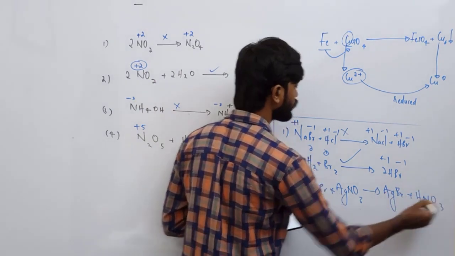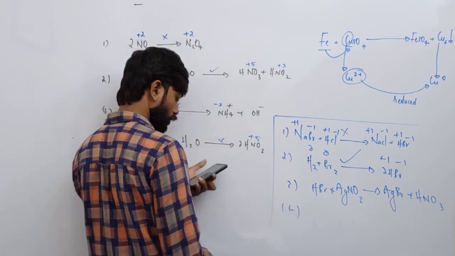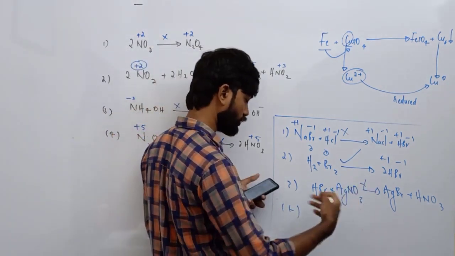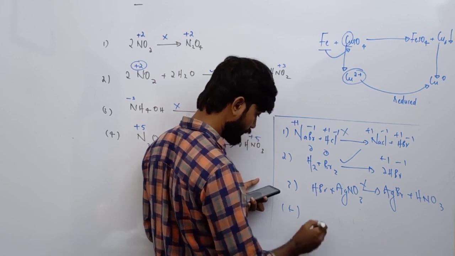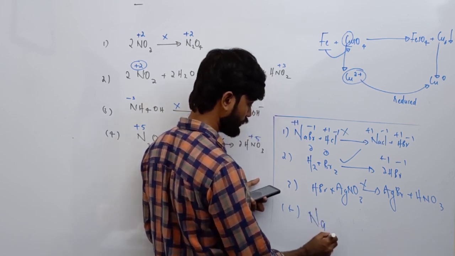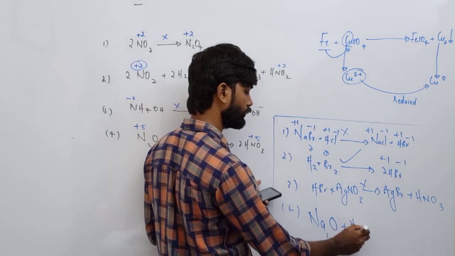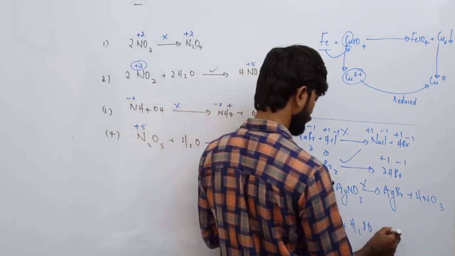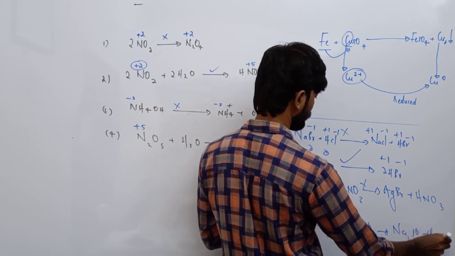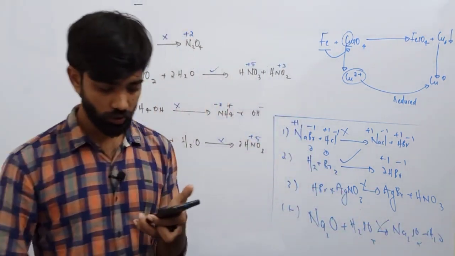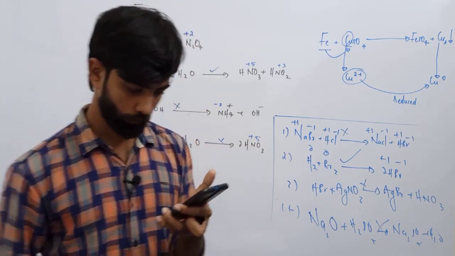There is no change; these are all exchange reactions. The fourth one is also not a redox reaction. It is acidification of a salt, where exchange takes place and there is no redox reaction. So you can choose choice 2.